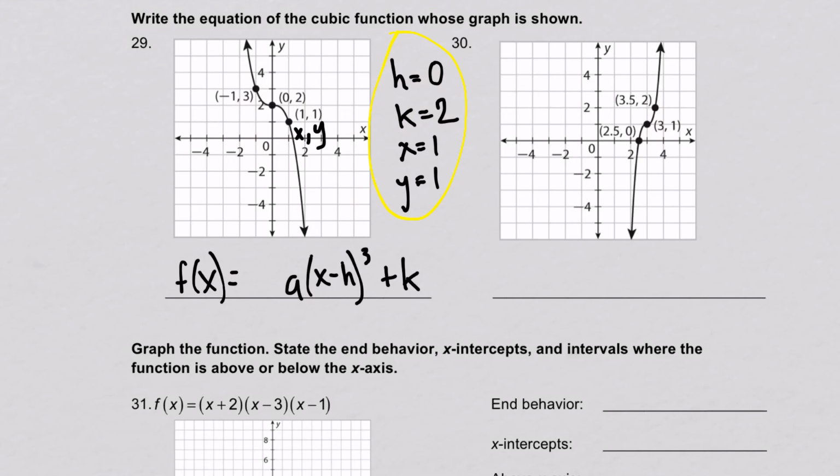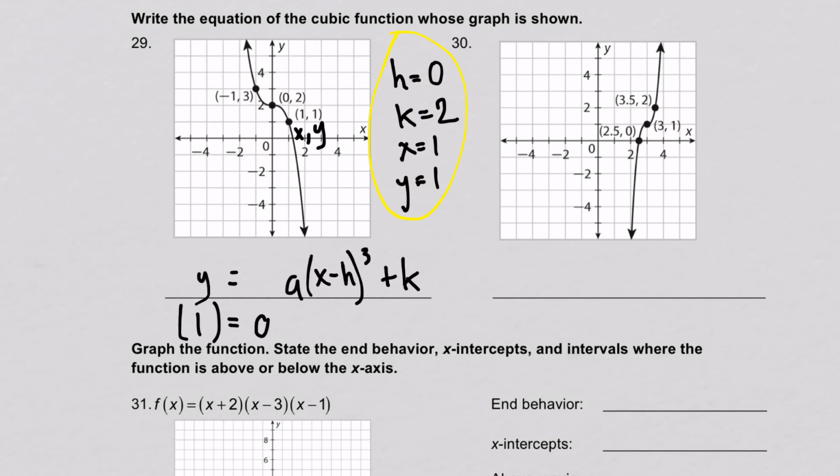Now, in order to solve, I'm going to change f of x to y, right? Because I have y equals 1, so that'll be y right there, and then I'll substitute in everything else. So it's going to look like this. Like that. Now I just substitute all the values. Okay, so here we go. For y, I am going to put in 1.